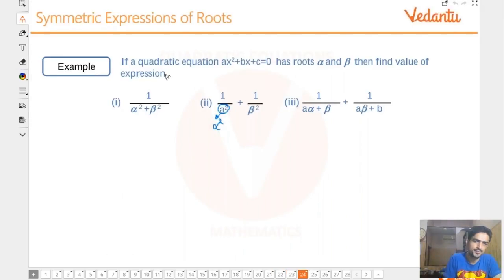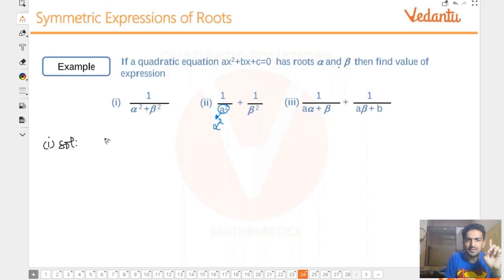Read the question. If a quadratic equation ax square plus bx plus c equal to 0 has roots alpha and beta, then we need to find the values of this expression. Let me just do the first for you, and the rest of the questions you try.